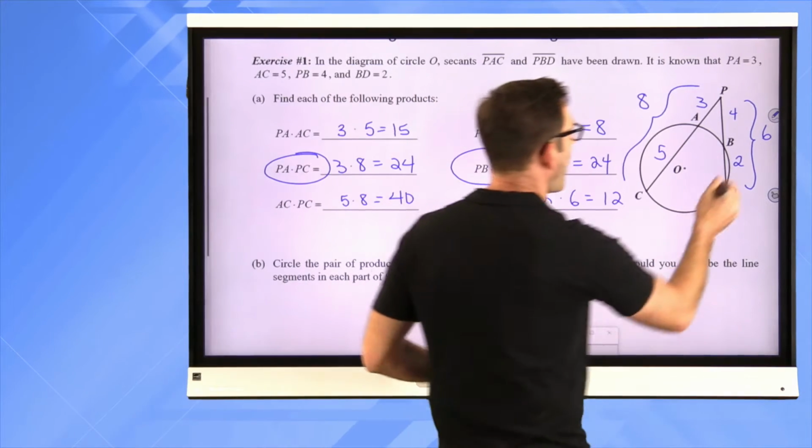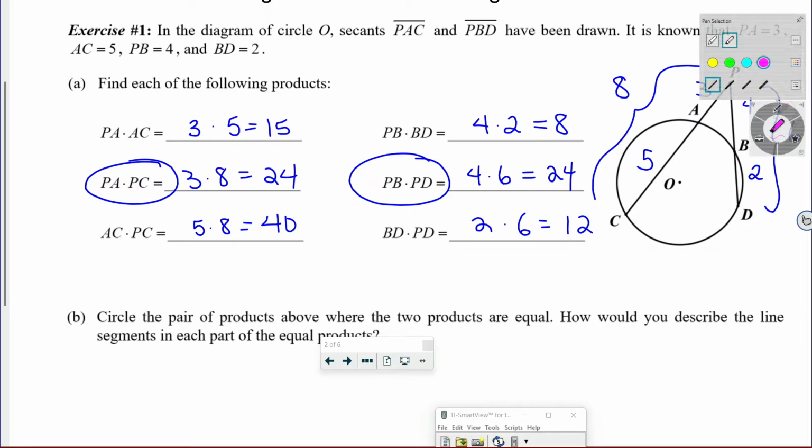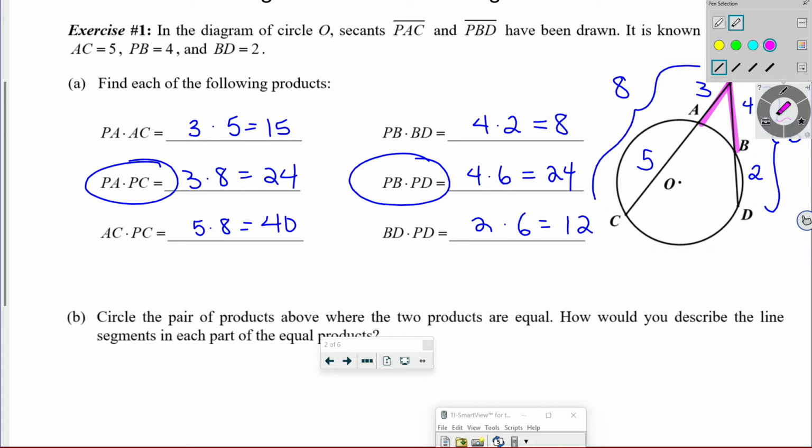Now what do we see here? Let's use the highlighter. I like the highlighter in geometry. PA is this segment, PB is this segment. It's a little harder to do the other two because they encompass these segments. PC is this segment, and PD is this segment.